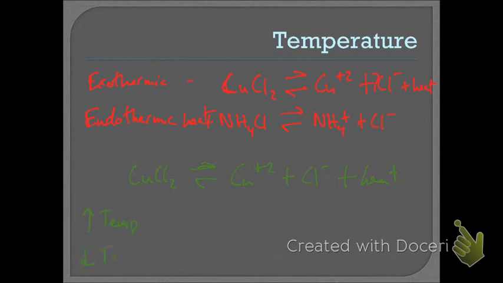If I decrease the temp, which way would it go? So if I increase the temperature, that means I'm adding more to the product side, right? Because heat's one of the products. So which way would it go? It would want to counterbalance it and go to the left. If I take away heat, that means this side's getting less, right? And so it would want to go to the right.